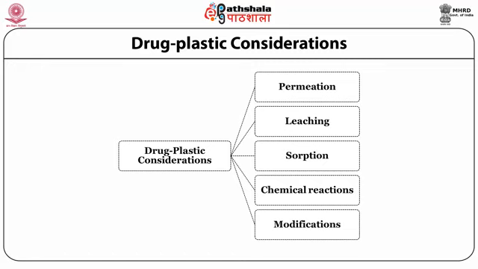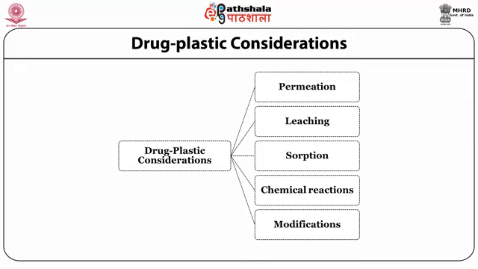But at the same time, it also causes various types of defects, various types of serious effects or hazards in the preparation. So while selecting plastic as a packaging material, the following points should be kept in mind before selection.